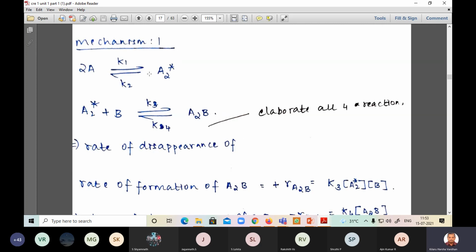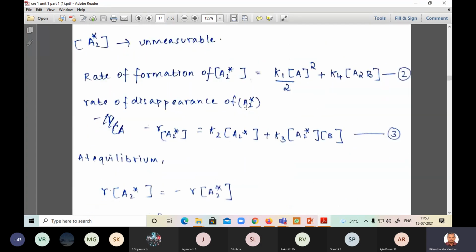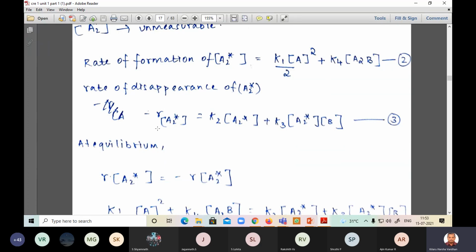Wherever the term is on the left, you have to write it, since the equation is starting here. So the rate of disappearance is K2 A2 star plus K3 A2 star B. This is the third reaction.